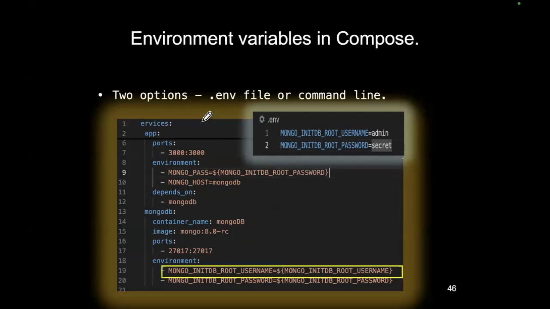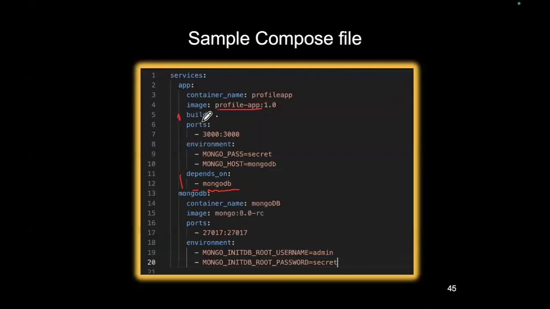If we want to actually pass environment variables to our Docker Compose file, now if I go back, environment variables are kind of all over the place, but the environment variables that we're mentioning here, these are environment variables that you are passing in or making available within your container for the particular application that's running inside the container.